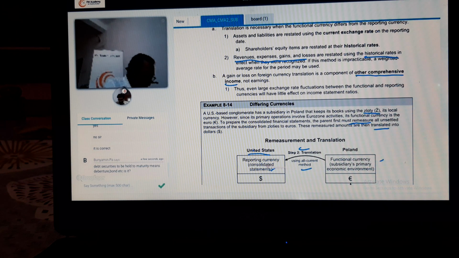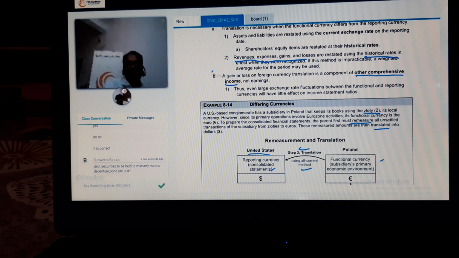The economic effect, gain or loss due to translation adjustment will never affect cash flows and should not be included in net income. It goes where?